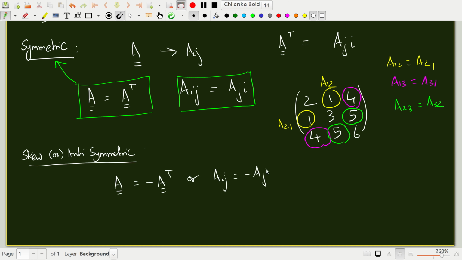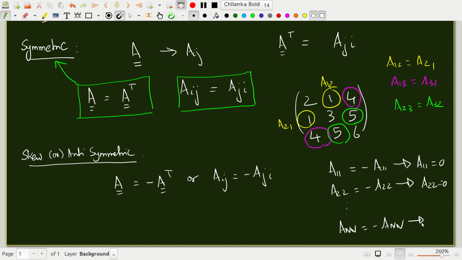Now if Aij is minus Aji, if I put i equal to j, I get A11 is minus A11. That means A11 has to be 0. Similarly, A22 is minus A22, so A22 has to be 0. So in general, ANN is minus ANN, which means ANN has to be 0. So antisymmetric matrices have zeros in the diagonal entries.